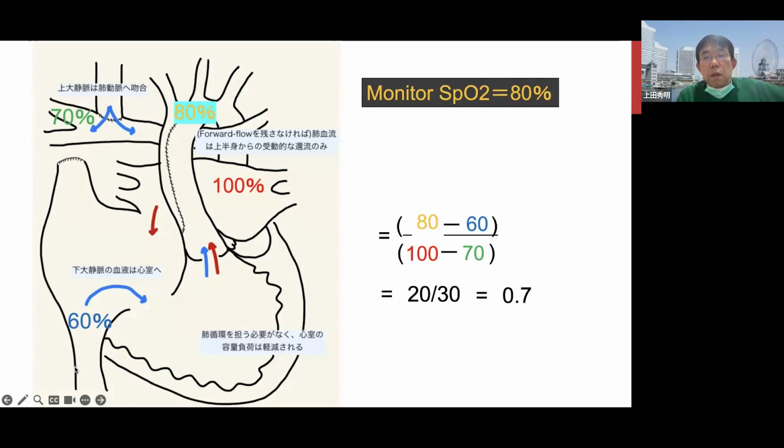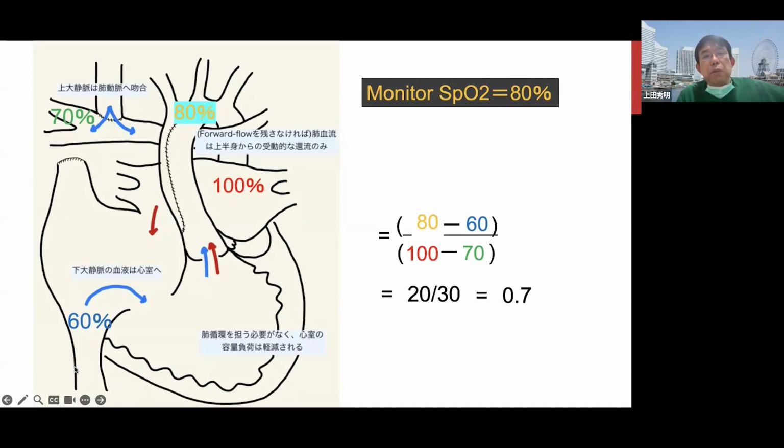But before the Glenn shunt, an SpO2 of 80 should mean QpQS is maybe around 0.5. So an SpO2 of 80 after the Glenn shunt is very adequate and ideal. Please remember these numbers.